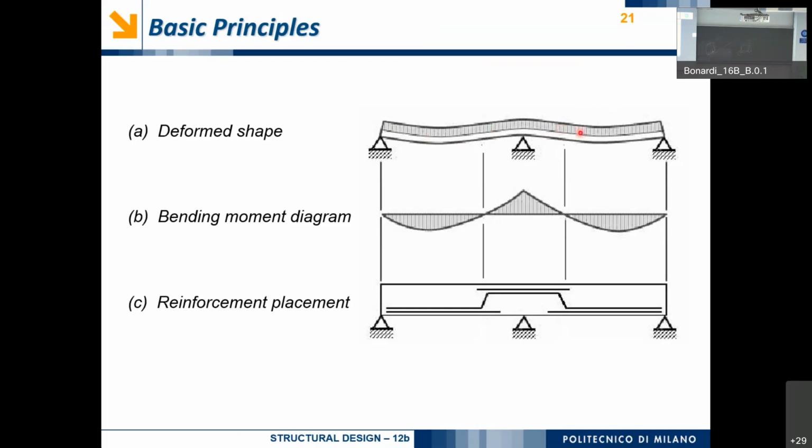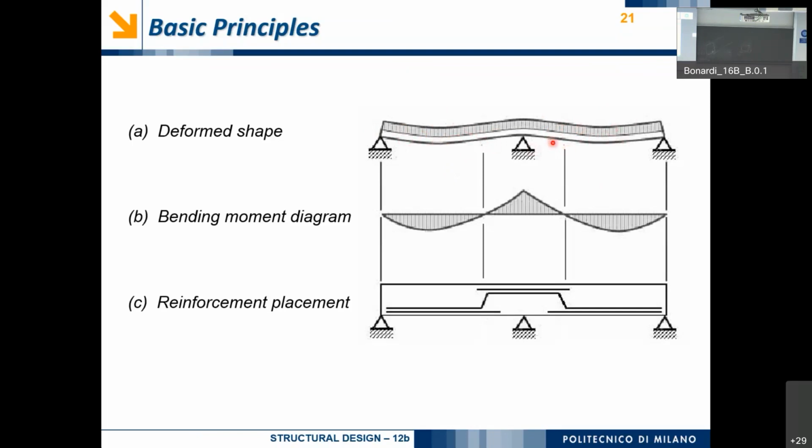So obviously, in the first span and in the second span, we will imagine that there is a positive curvature, a curvature that tends to go upward, so here and here.